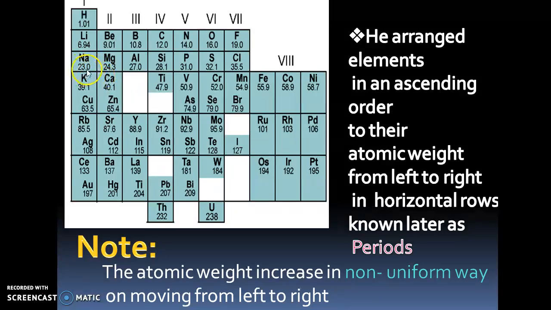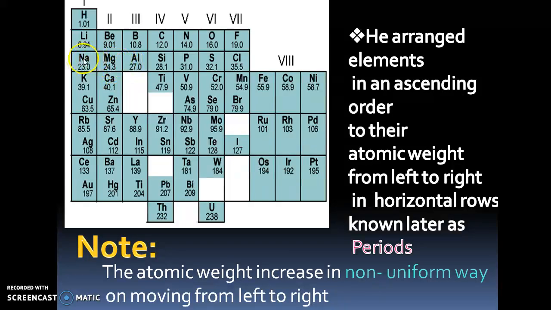So the increase here in the atomic weight is by 1. The next element is aluminium, and the increase from left to right was by 3.